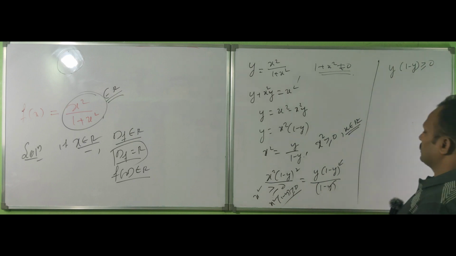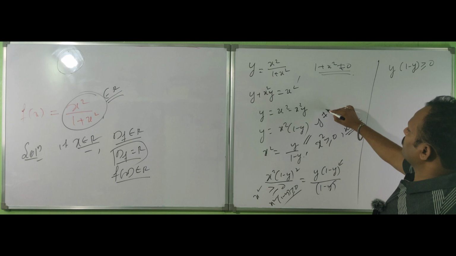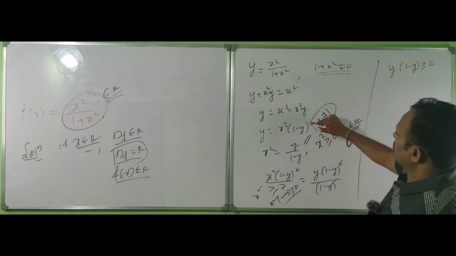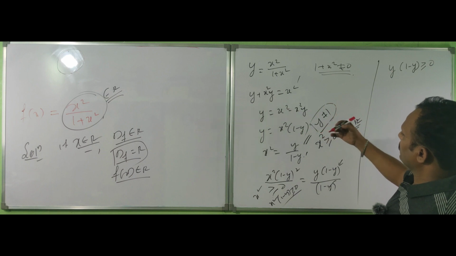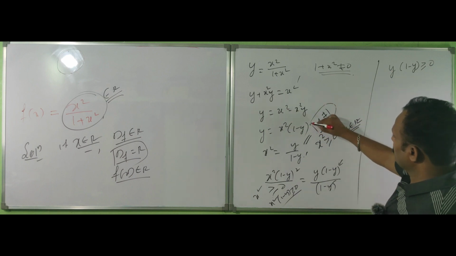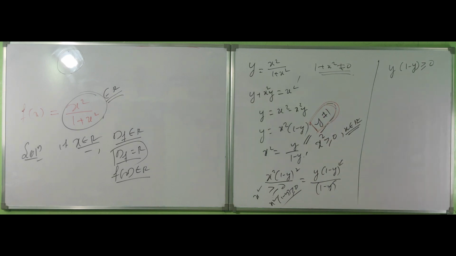See, for this condition, y is not equal to 1. You should remember here that y should not be equal to 1. Then here y should be greater than 0 for this one.